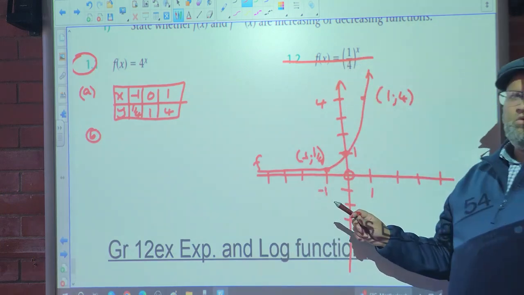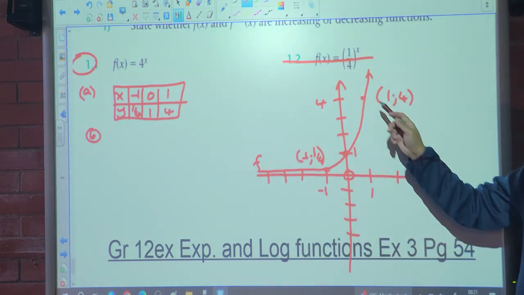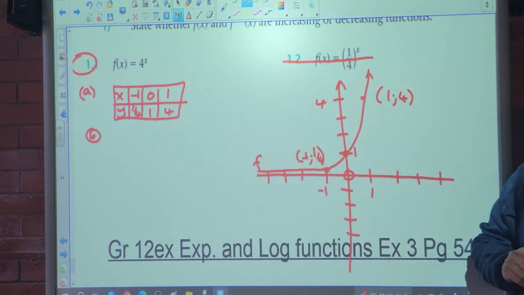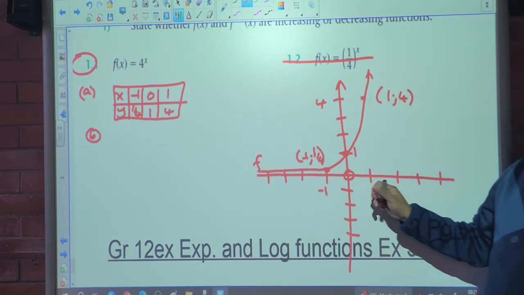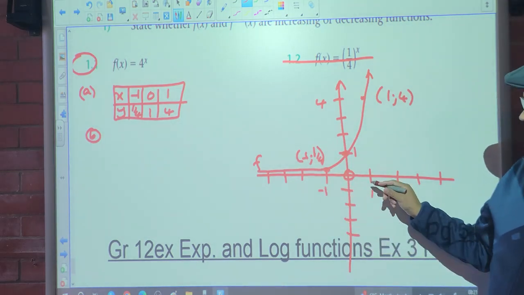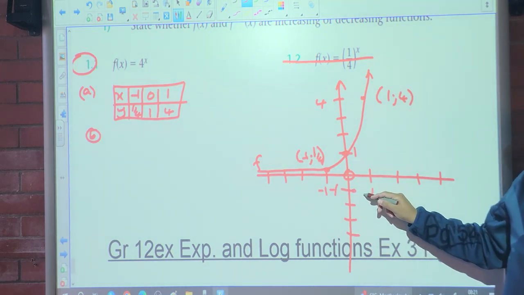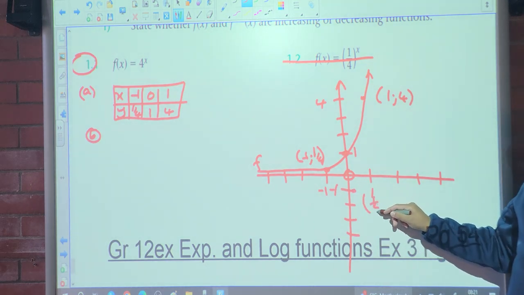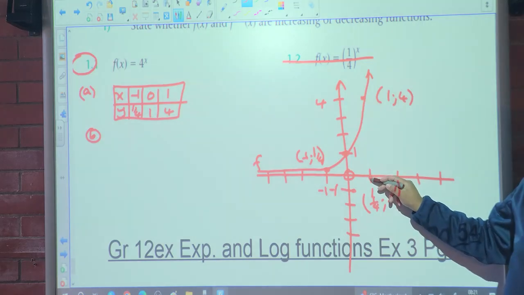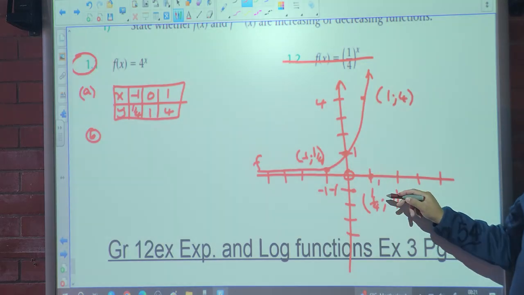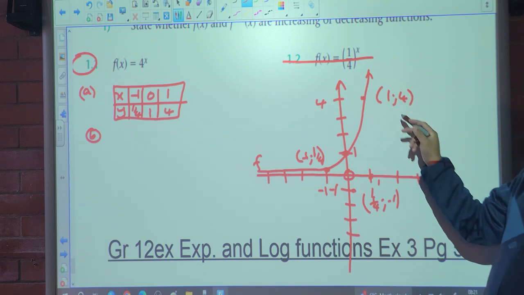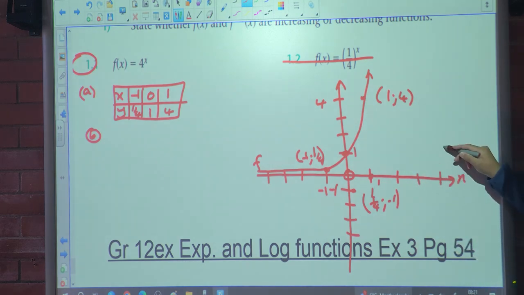So the three coordinates that they asked for were those three. So negative 1 and a quarter becomes a quarter and negative 1. 0 and 1 becomes 1 and 0. 1 and 4 becomes 4 and 1.